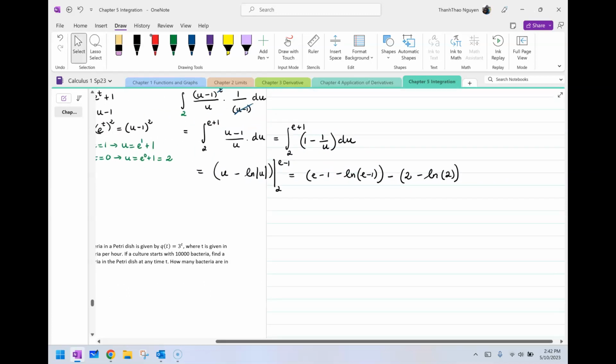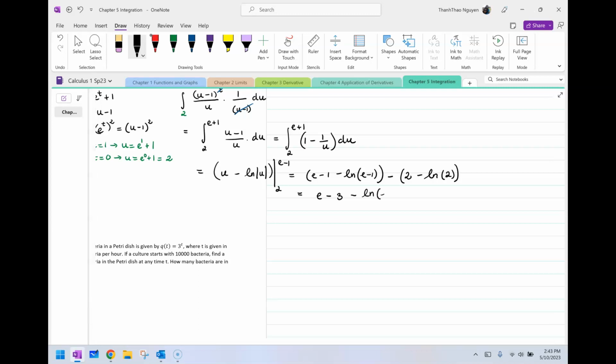We can simplify this up. This equals e minus 1 minus ln of e plus 1 plus ln of 2.